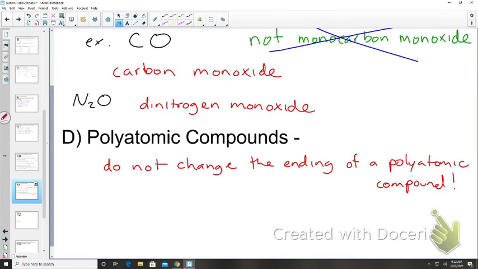And then you would just use your table of polyatomic ions to help you name those.